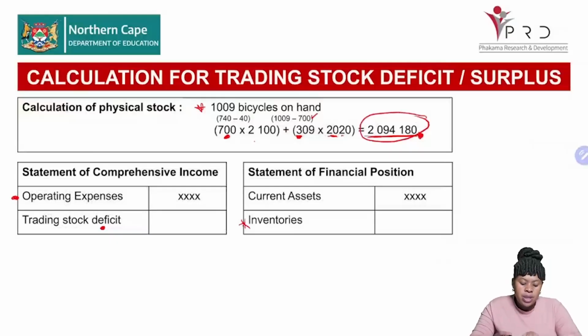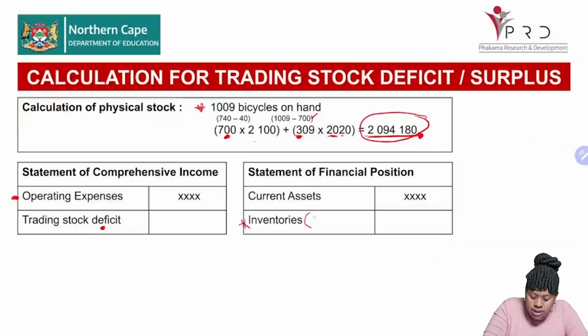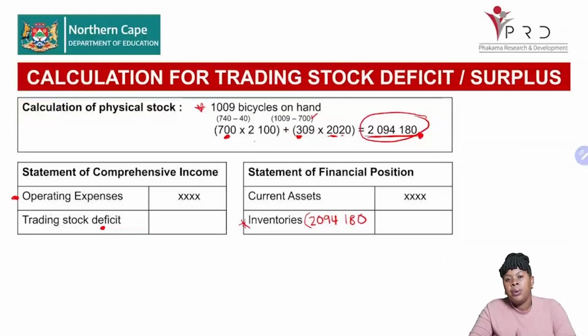What do you do with it? Normally, you just say 2,094,180. So why am I opening the bracket and not writing it over here? Because sometimes the examiner gives me another transaction that I need to report under inventories. Under our inventories, we only report what is on hand.